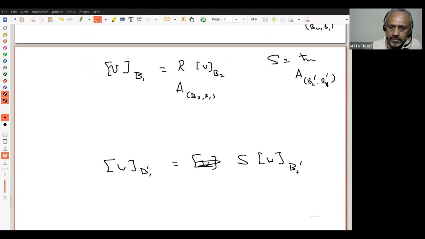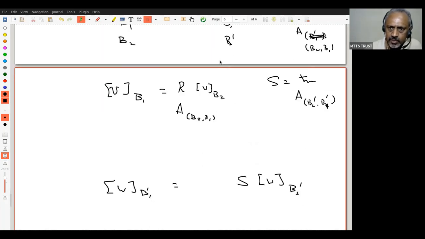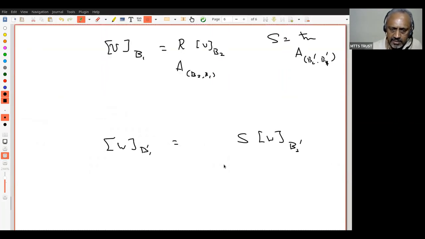Just because I have to keep track of this, I'm making some mistakes. That's why I wrote it. The dash things must be W. Therefore, the original basis is B1 dash and the new basis is B2 dash. Therefore, the coordinates with respect to the original basis can be written as the transition matrix times the coordinates with respect to the second. The same thing here. Is that clear?